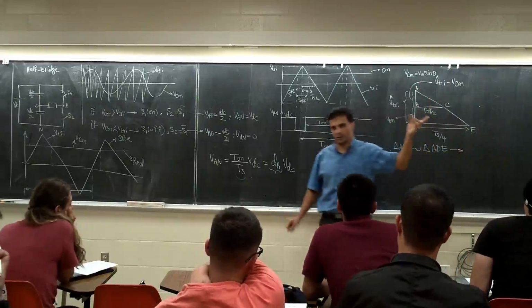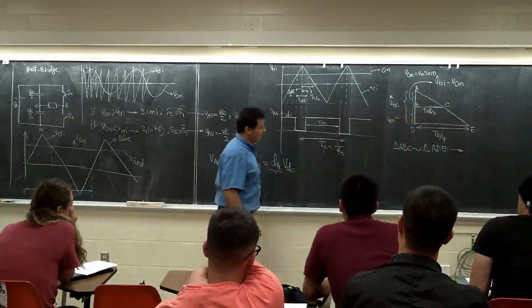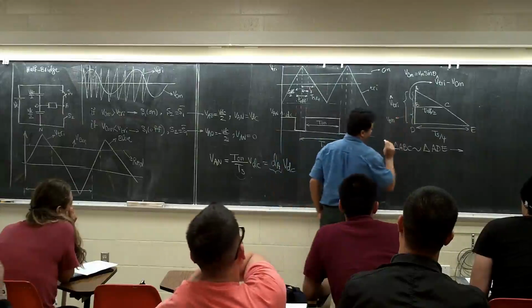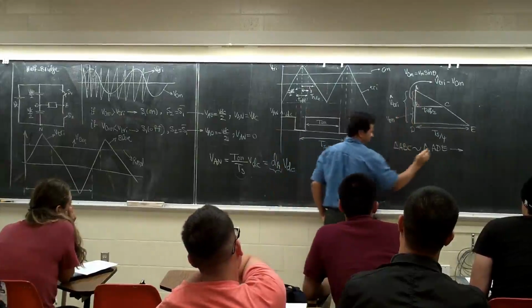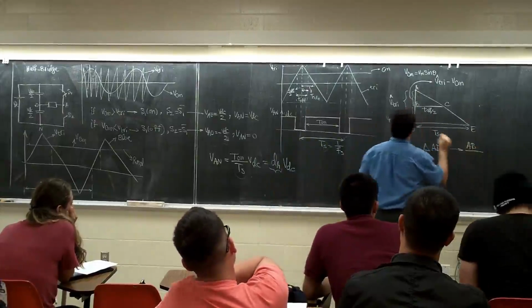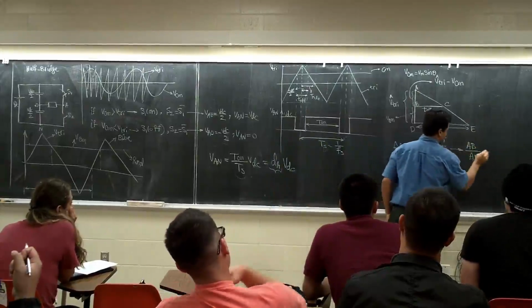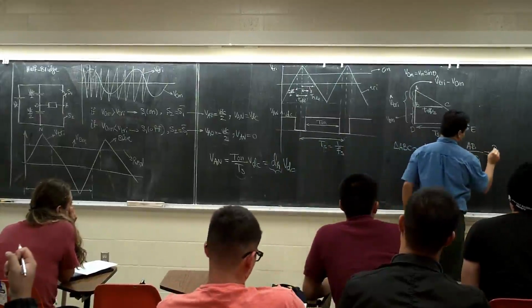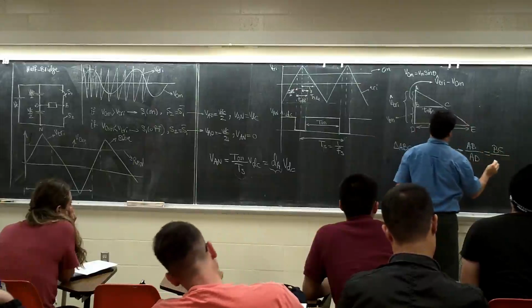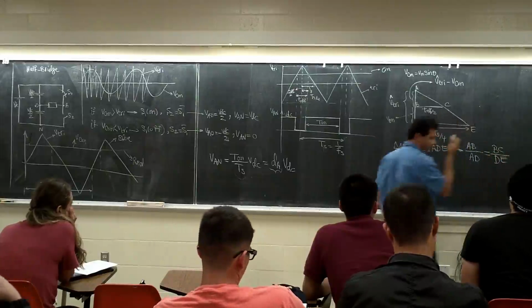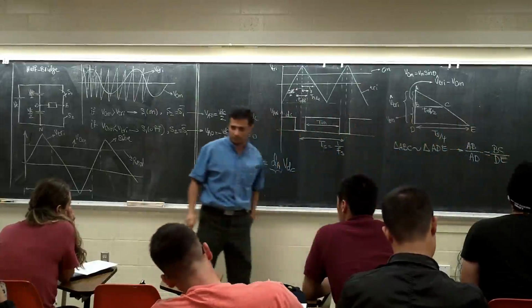For the GRE I think you have to go through this kind of thing. And now I'm going to write this. So basically, it's going to be AB over AD equal to BC over DE, right? This is from the math. We know our geometry.